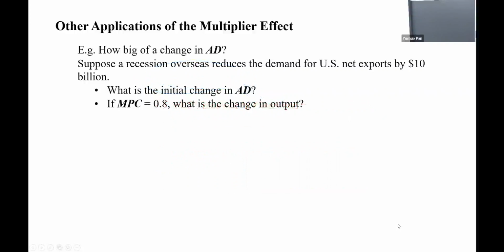How big of a change in AD? Suppose a recession overseas reduces the demand for US net export by $10 billion. What's the initial change in AD? Initial change, that's easy, right? Because Y equals C plus I plus G plus net export.